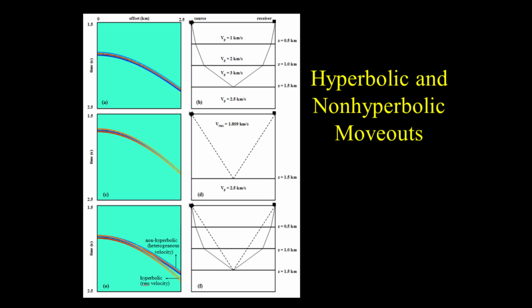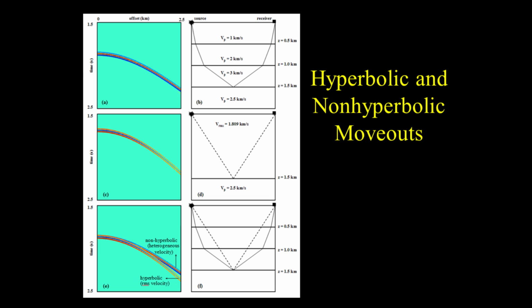Unfortunately, this is not exactly the case for heterogeneous media. The travel time variations with offsets in 1D heterogeneous media behave hyperbolically only as a second-order approximation. In general, these travel time variations with offsets are non-hyperbolic for heterogeneous background velocity models.